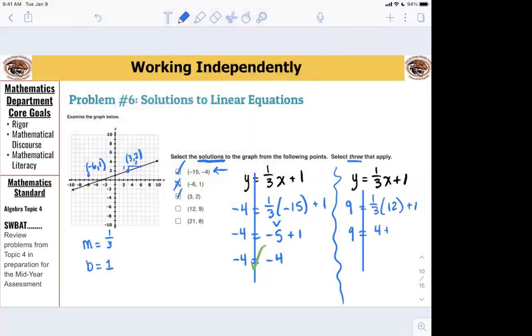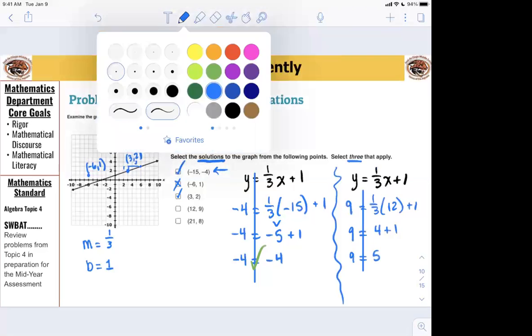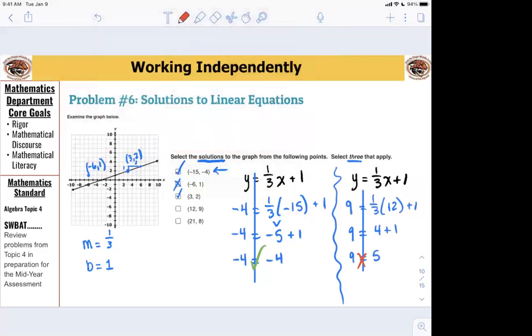And I know 4 plus 1 is 5. So that does not work for me. And since this answer is out, I know right off the bat that the last one has to be true because we need 3 answer choices. So the right ones were A, C, and E.